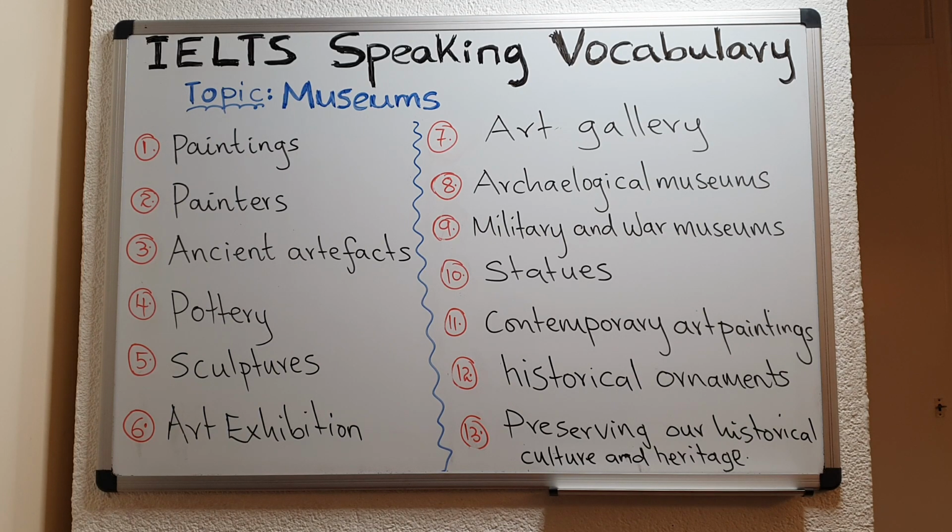The next word is historical ornaments. Now, history has to do with the past. But what is an ornament? An ornament refers to a thing used to make something look more attractive.